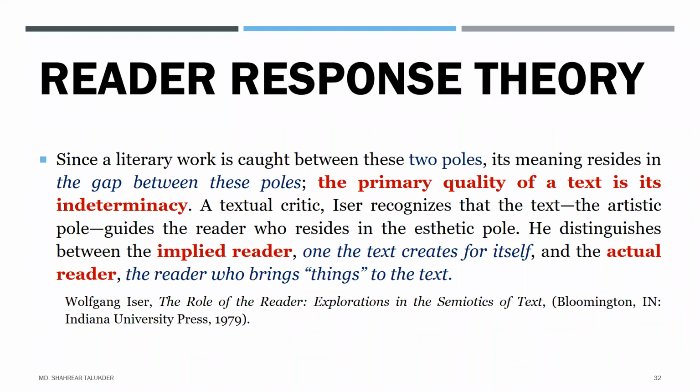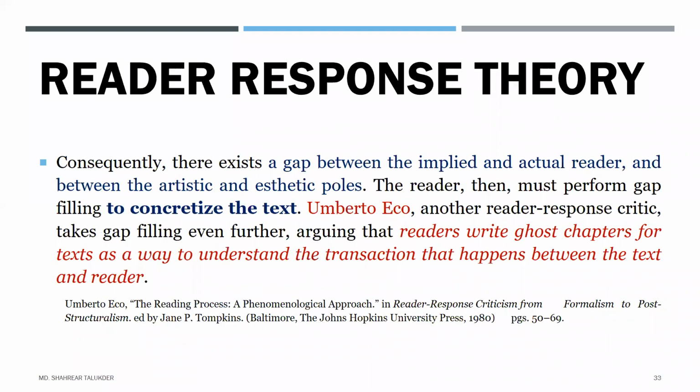But implicitly, another reader is there. That reader is created by the writer, by the author. And the actual reader is me when I'm reading the text, the reader who brings things to the text. I bring meaning or interpretation to the text. So, the implied reader and the actual reader.